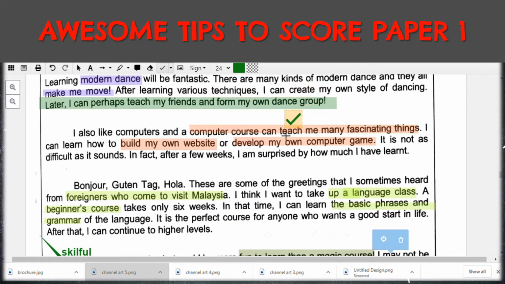For this, you are allowed to change the pronoun from my own. You can't write my own. If you don't change the pronoun, then your answer is wrong. Form my own dance group. Make sure spelling is correct. 1, 2, 3, 4, 5. 5 words here.